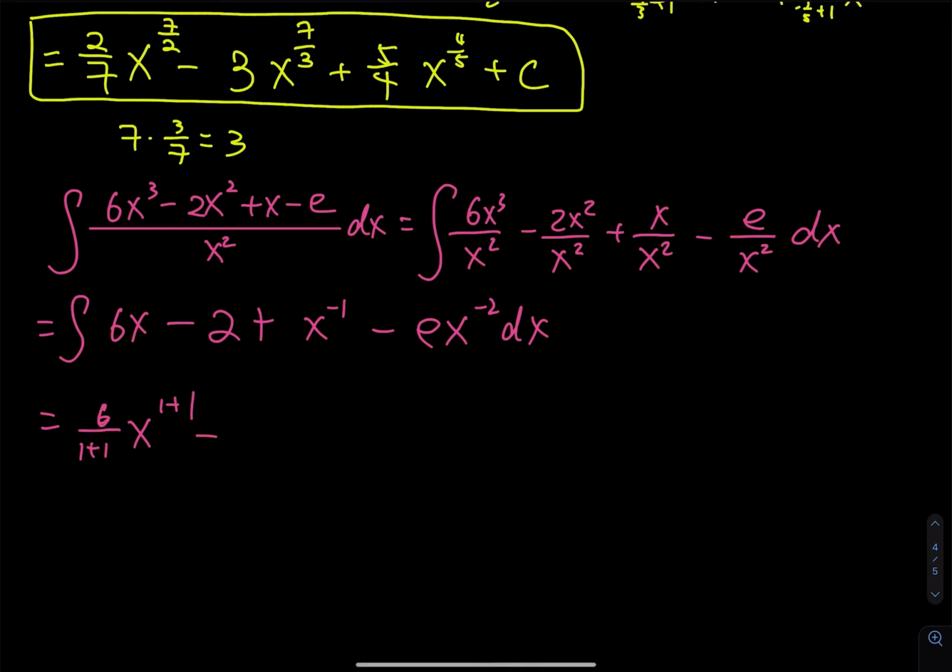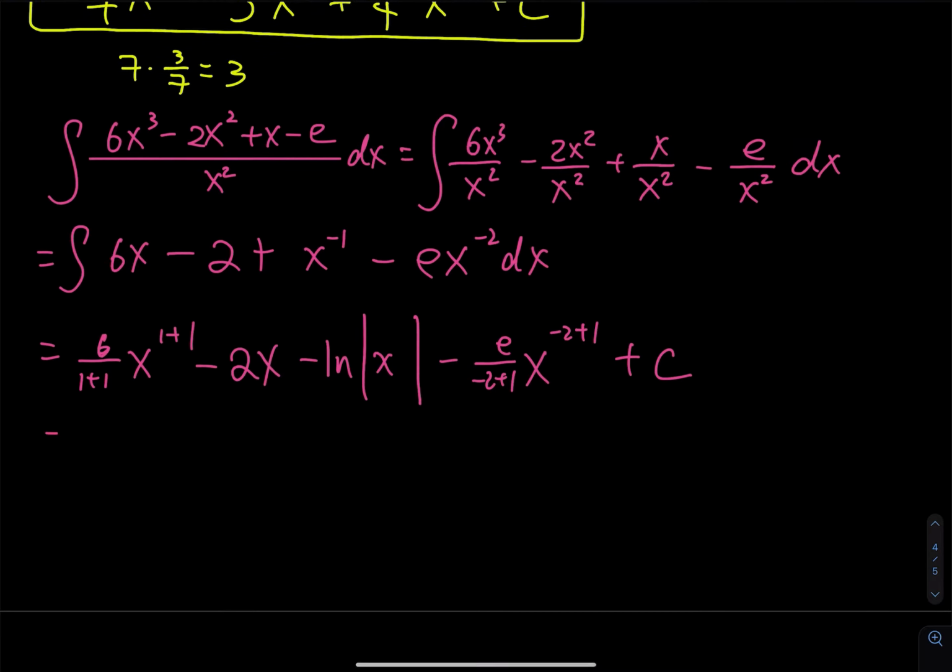And then the integral of 2 is 2x, and then x to the negative 1, is this a power rule? No. This is ln absolute value of x, and then minus, so this is x to the negative 2 plus 1, and then e divided by that, and then we add a c at the end. 6 divided by 2 is 3, so 3x squared.